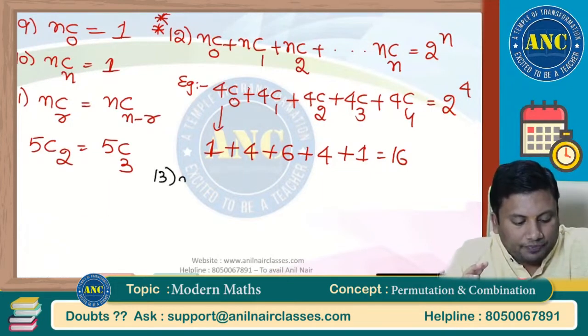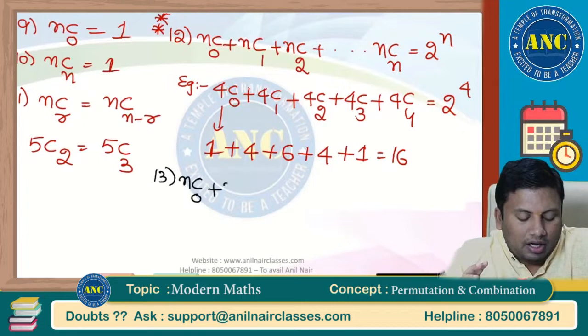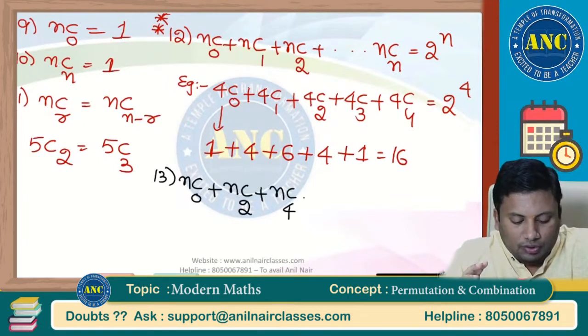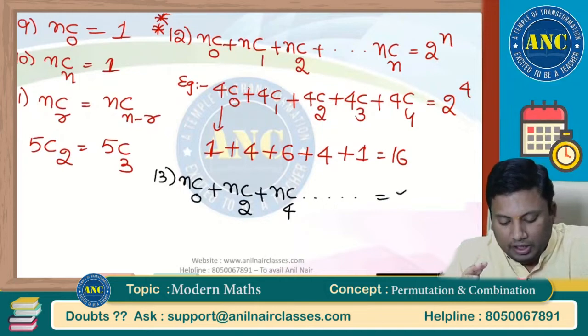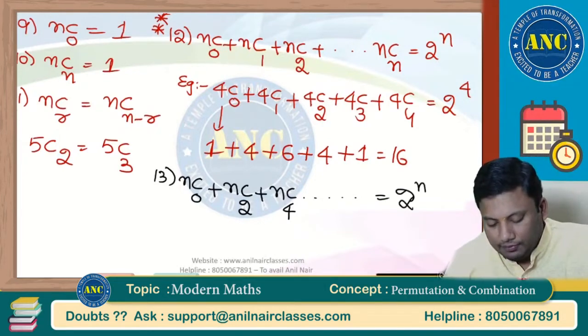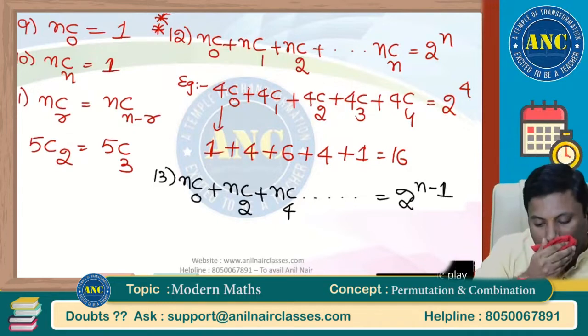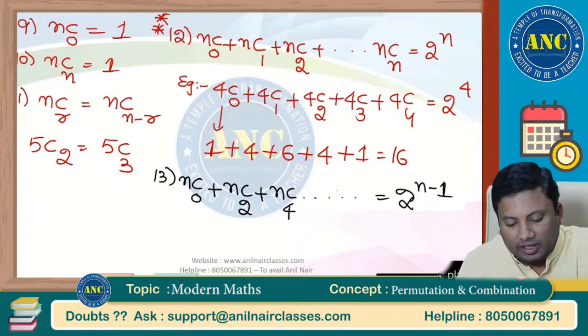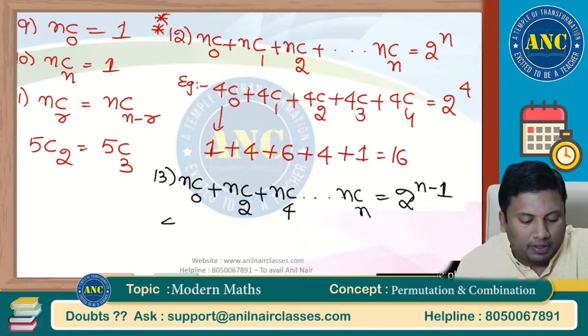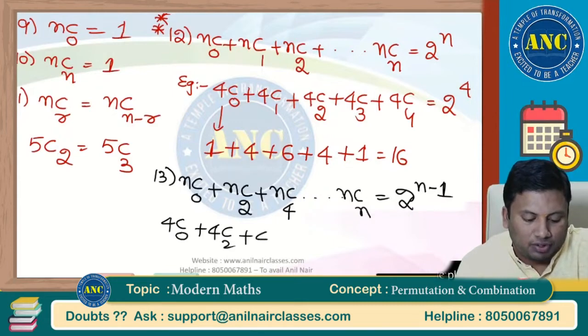13th one. Sum of even terms: NC0 plus NC2 plus NC4 and so on, it is nothing but 2 power n minus 1. Taking even numbers, for example, 4C0 plus 4C2 plus 4C4.